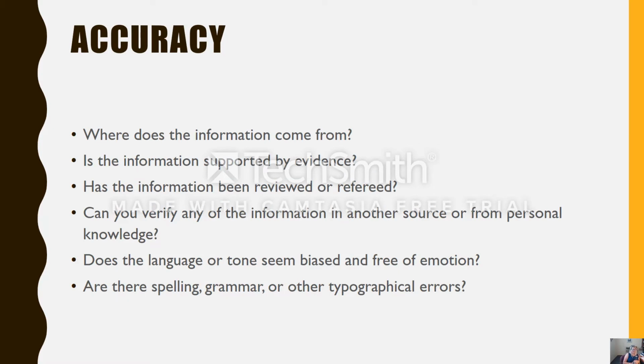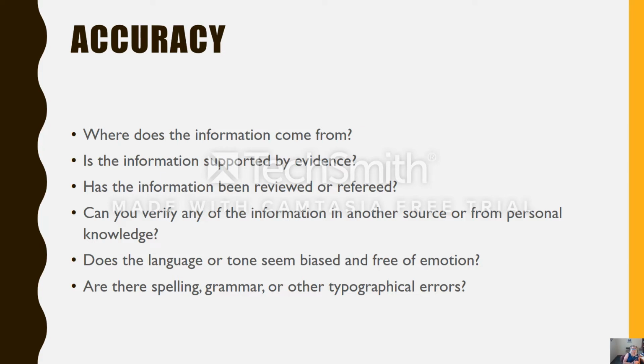Next is accuracy. Where does the information come from? And fun fact for everybody, information actually doubles every 12 minutes, so this is very, very important to verify the accuracy. Is it supported by evidence? Has the information been reviewed? Can you verify it from your personal knowledge? For example, we went to the moon in such and such a year.